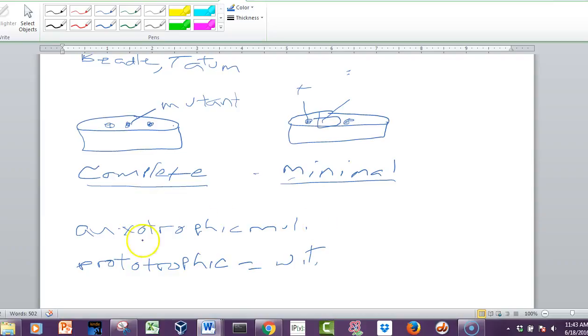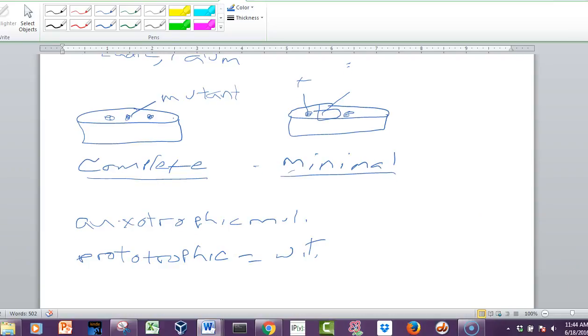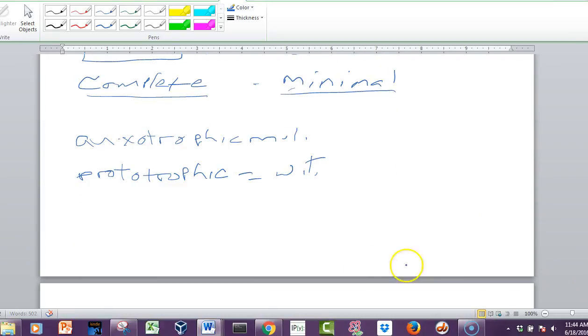So what is it that this thing can't make? Well, we can figure it out by adding stuff back to the medium and see if we can rescue that mutant. So now if we take that mutant that can't grow on minimal medium and we add stuff to it, let's say we take that minimal medium, and what they used is the amino acid arginine.